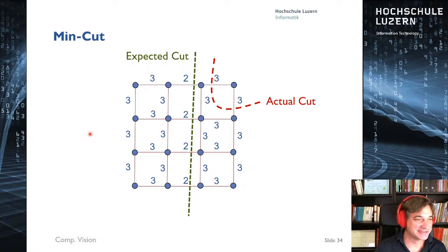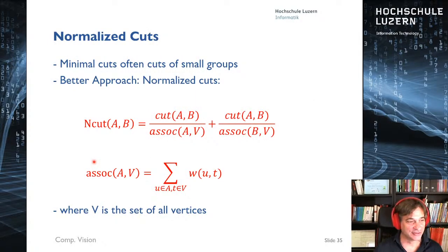A better solution that people came up with is the so-called normalized cut algorithm, and that is the graph cut algorithm that's mainly used. The problem, as we have seen, is that the minimal cut can cut off small groups. So a better approach is this normalized cut, which uses a different value for calculating the cut.